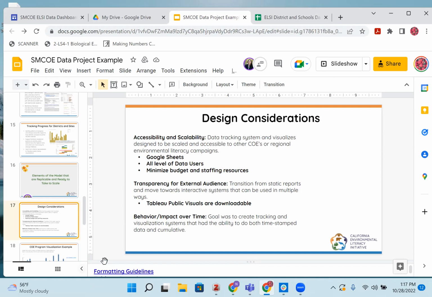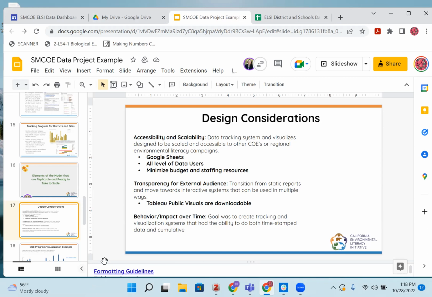And something else we did was really try and design our sheets to be accessible to all levels of data users. So we wanted the final visualizations and how the spreadsheets were set up to be understood readily by people who maybe are more advanced, who've been working with Google Sheets, but also by people who are maybe newer to thinking about data.